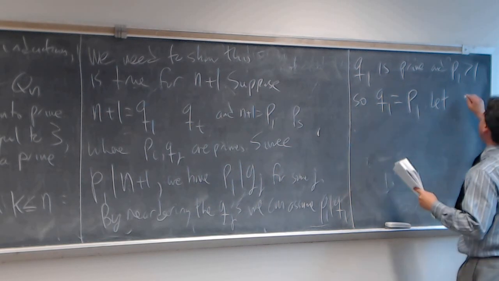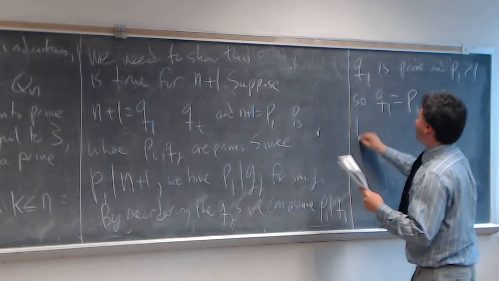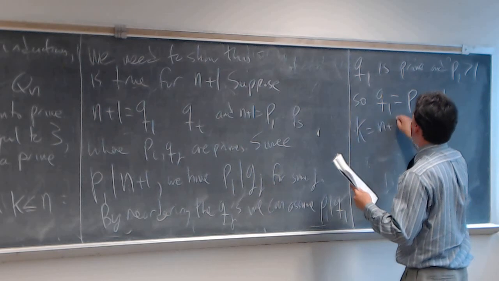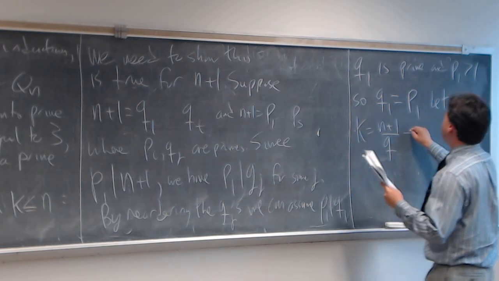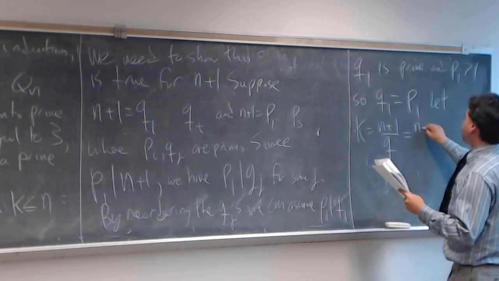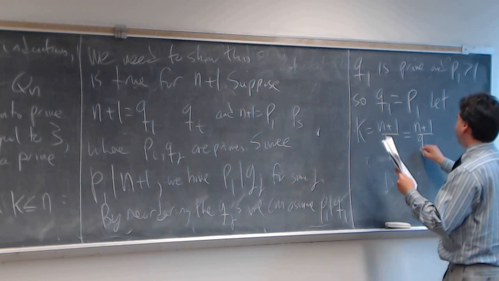Then we let k be (n plus 1) over q1, which is the same as (n plus 1) over p1.